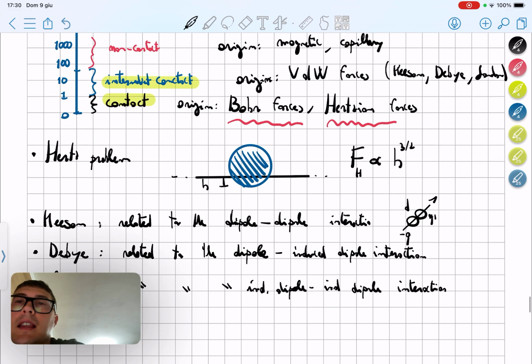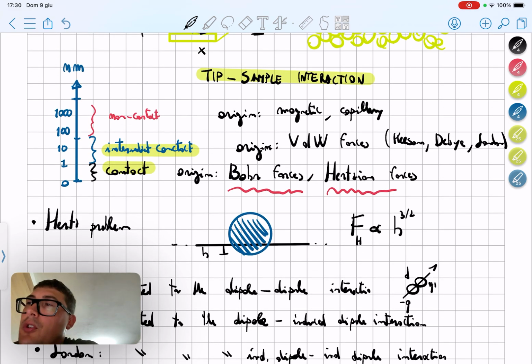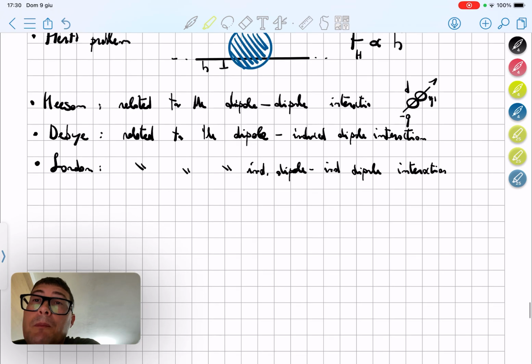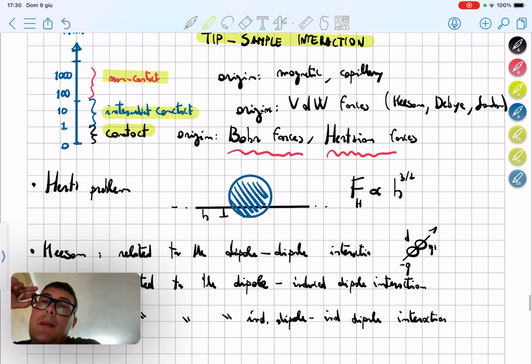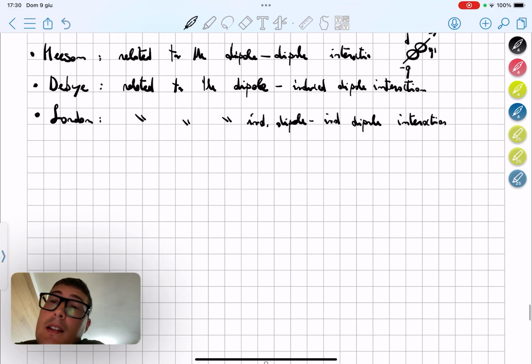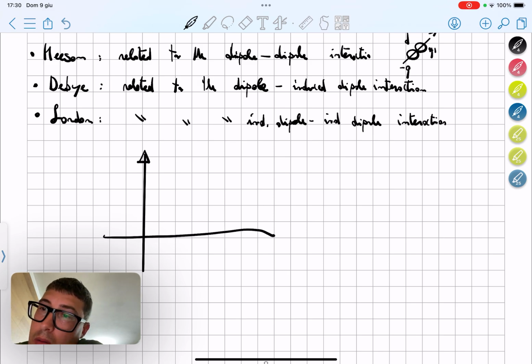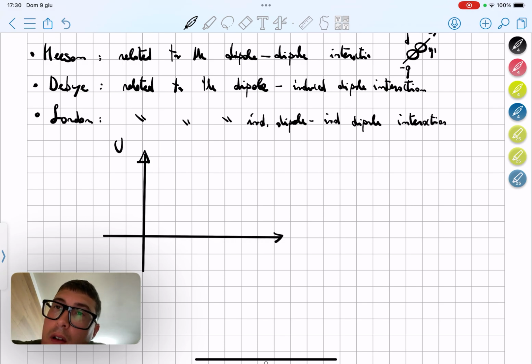Okay, then in the last we have non-contact forces, which is just electromagnetic forces or capillary forces. All these complicated tip-sample interactions are tried to be explained in terms of one single potential, which some of you may be aware of, called the Lennard-Jones potential.